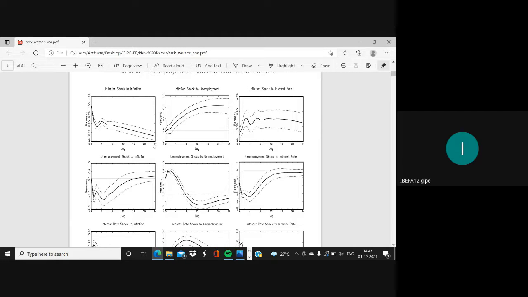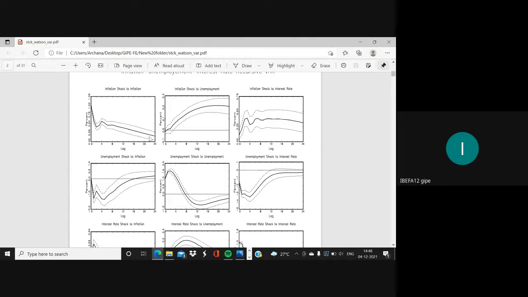We are not really going to discuss how we do it, but these confidence intervals are basically telling us that the true value of the impulse response function will lie somewhere in this band. For example, if it's a 90% confidence interval and I construct 100 such intervals, in 90 of them the true value will lie within the band.